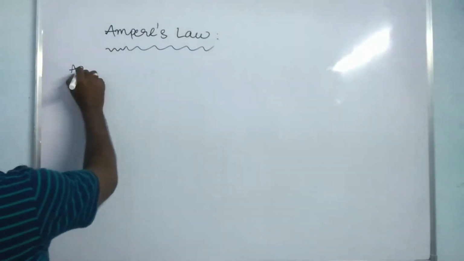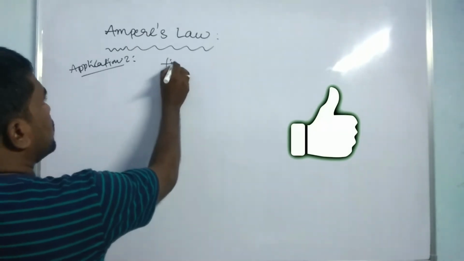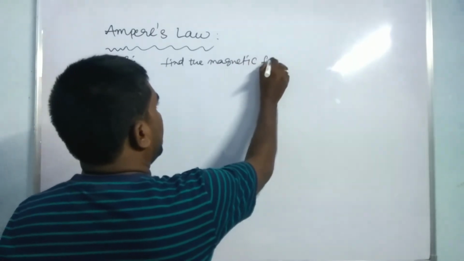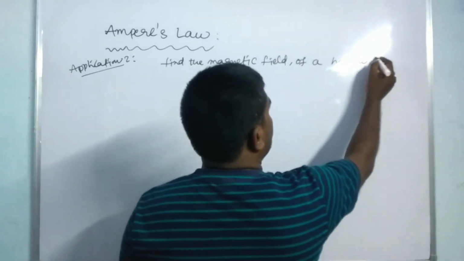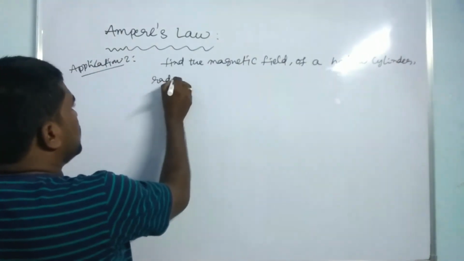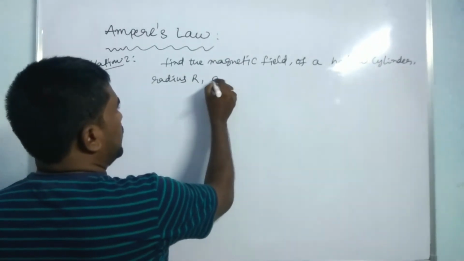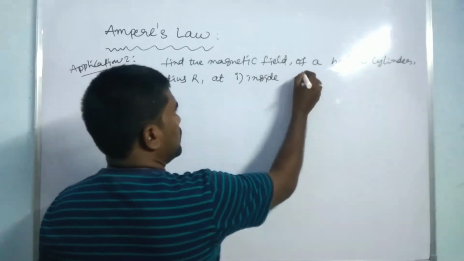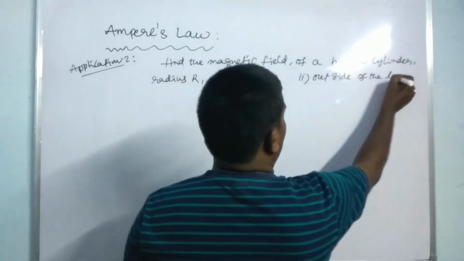Now application 2. Find the magnetic field of a hollow cylinder of radius r at inside and outside of the loop.